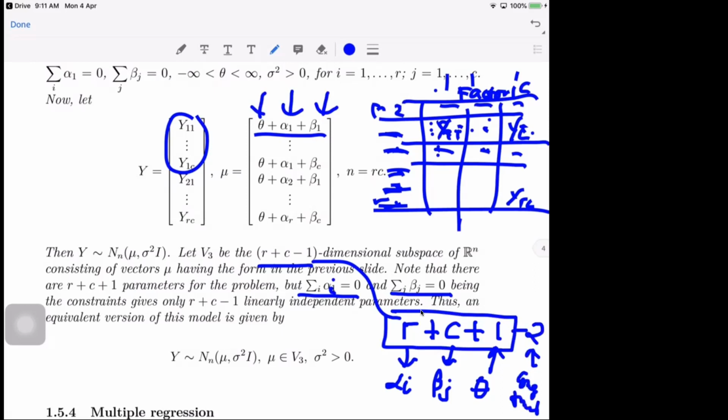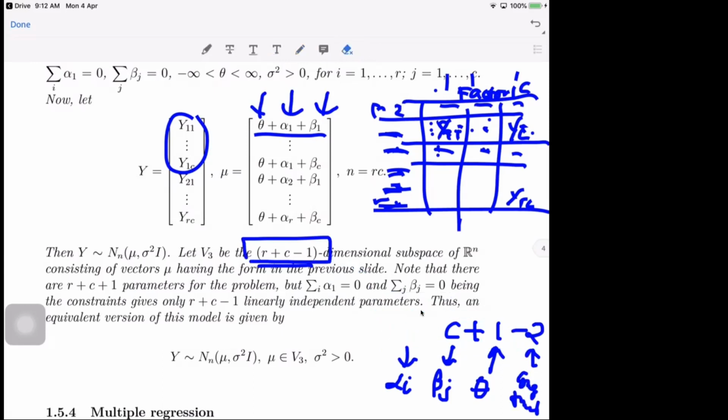So that's why it will give you R plus C minus 1. The constraints are needed because there will be linearly dependent variables. So to make it linearly independent, you subtract the number of constraints.